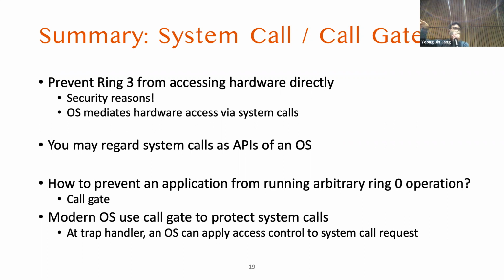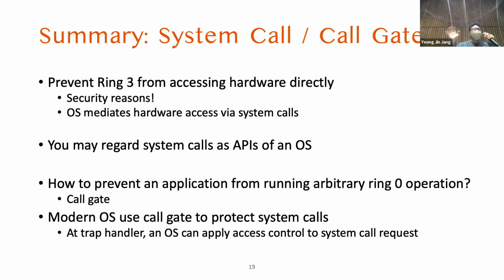We don't want that. To prevent that, we create a call gate. What call gate means is that all the system calls need to come here first. Then we can check whether they are intact or not, and we can kill or reject any bad system calls.